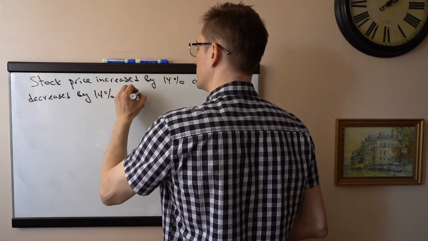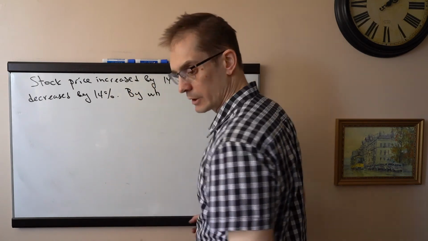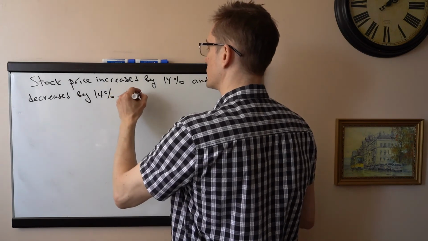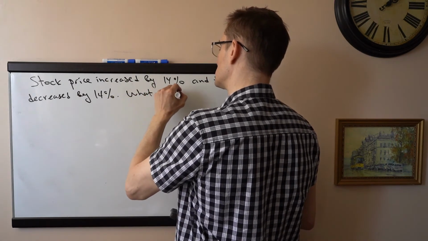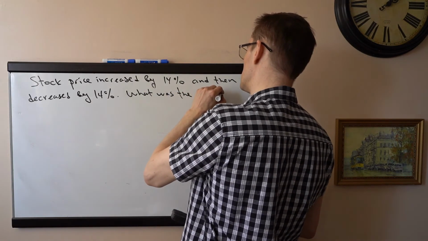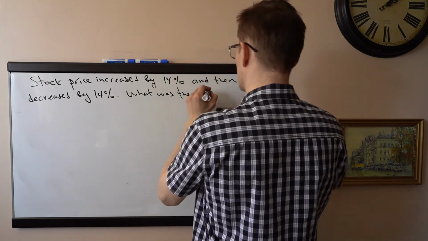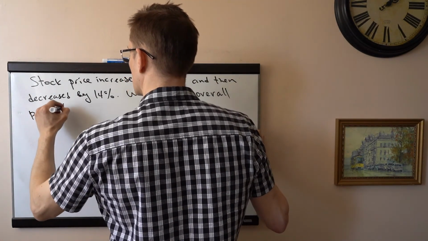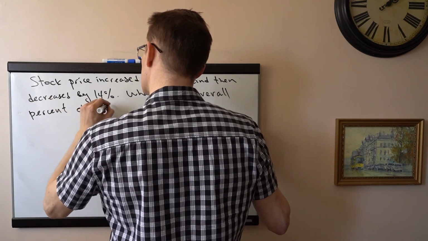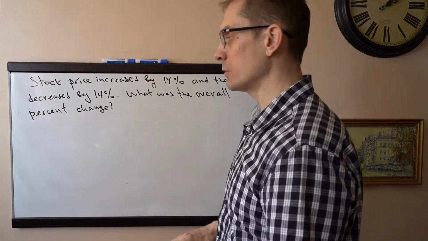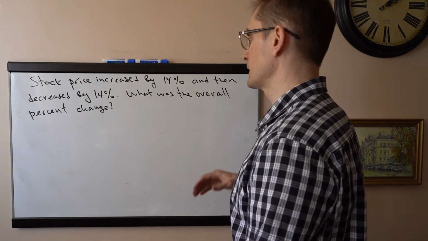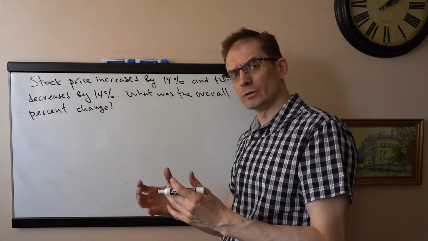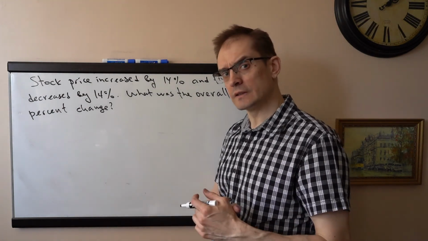So what was the overall percent change? So we know that the stock price increased by 14% and then decreased by 14%, but we don't know overall, did it get decrease or did it get increase?